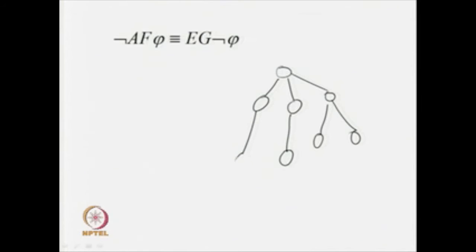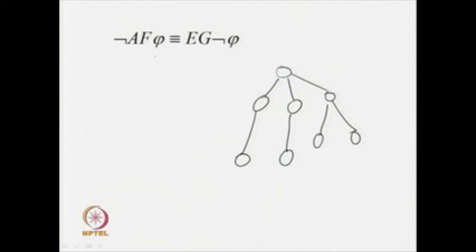So basically we are going to define the semantics over a model. So we will think of some model something like this. Okay, so this is a simple model. Now we have to see that in all paths in the future phi holds. That means we should get some state in the future where phi is true, and we are saying that this is not true.